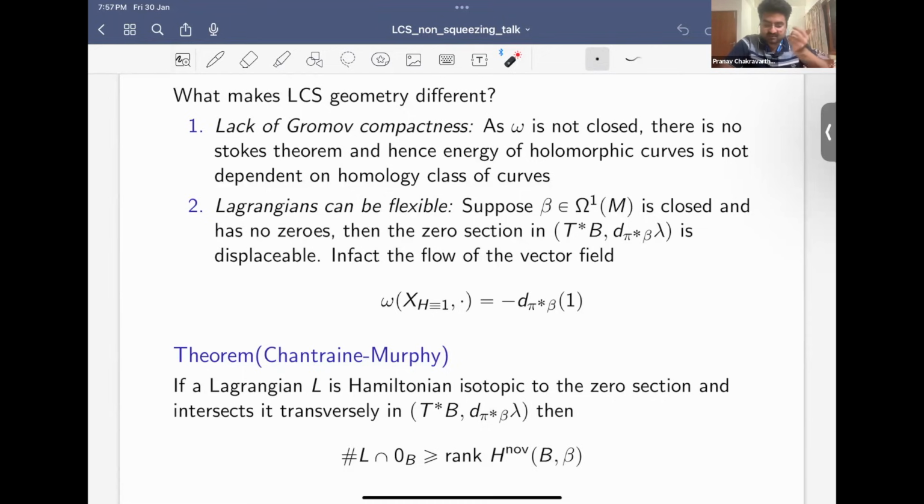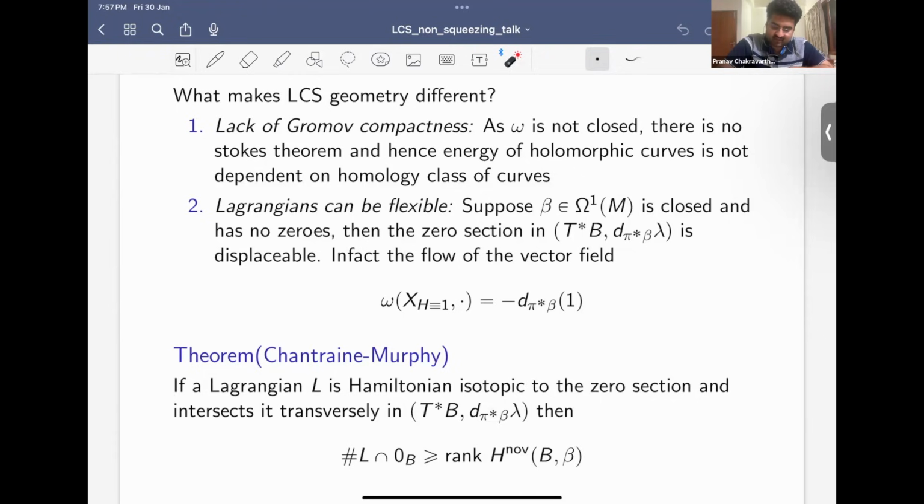As a concrete example, if you take the twisted cotangent bundle and you look at a closed form which has no zeros, then one can explicitly construct a vector field for which the zero section is displaceable.